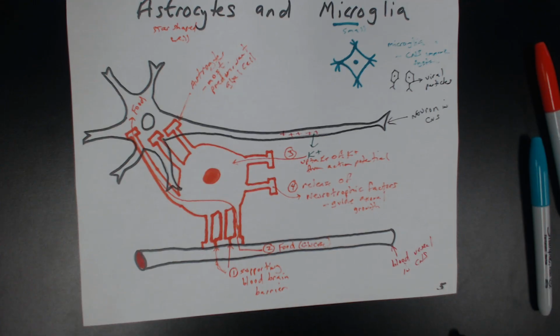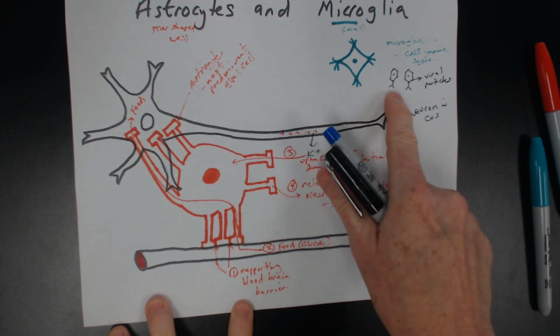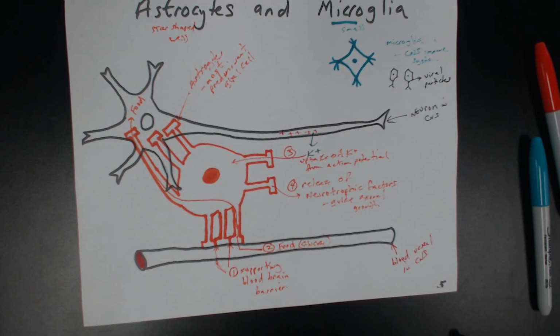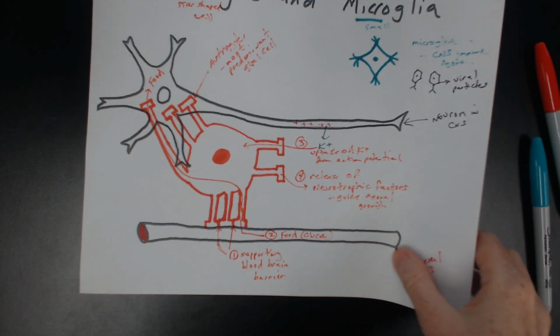Okay, 4 functions of the astrocyte. As far as the microglia, small little cells, their only job is CNS immune system. And I just represented that by it's going to eat up the viral particles, take them out of the CNS. Questions? Let's move on.